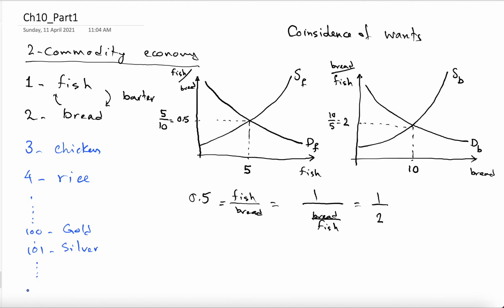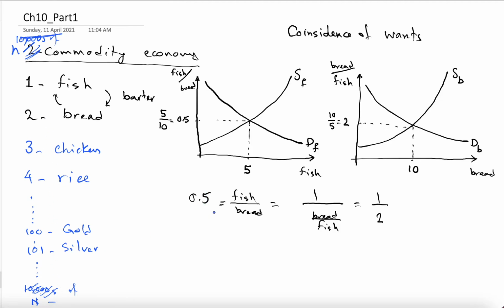Then we have maybe 10,000 or thousands of commodities. So let's call it N, an N-commodity economy. At the end we have N as the last item, so we have N items.